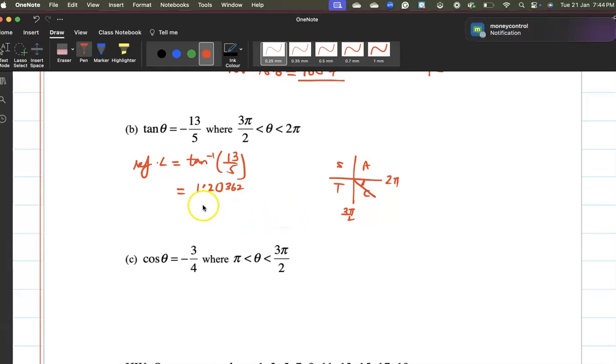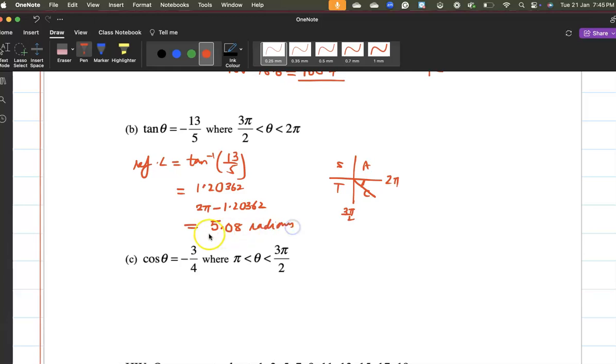So that means this will be how much? 2 pi minus 1 point. What is 2 pi in radians? This is the key for pi. 5.0 radians. Yeah. That's your answer.